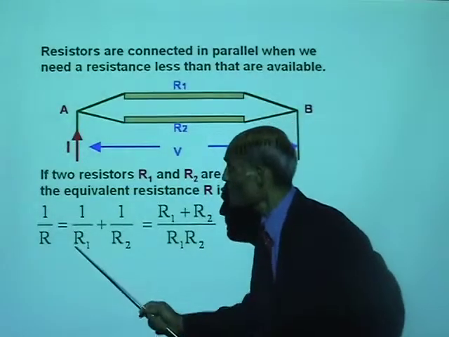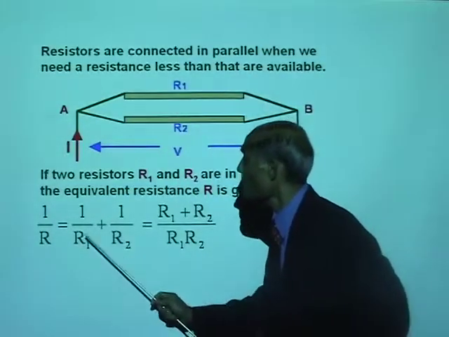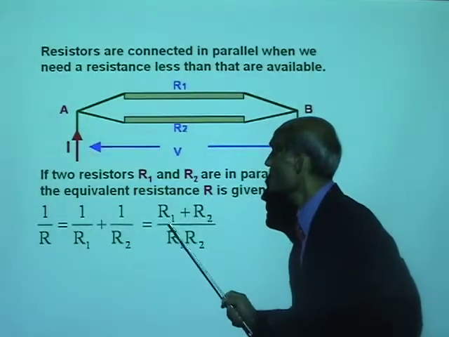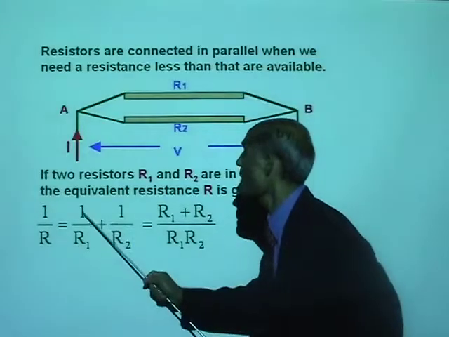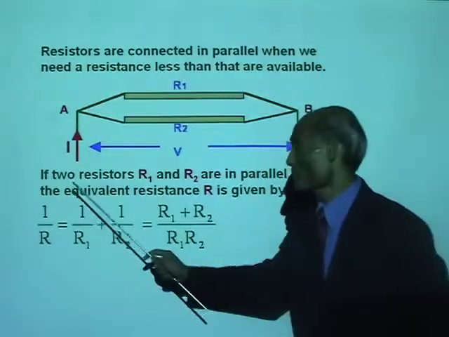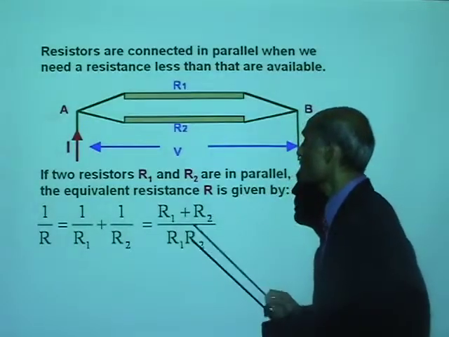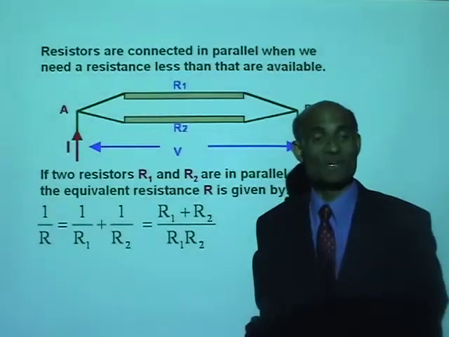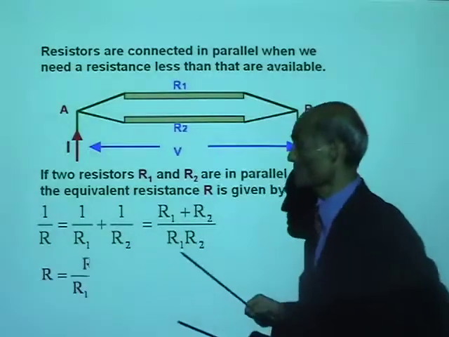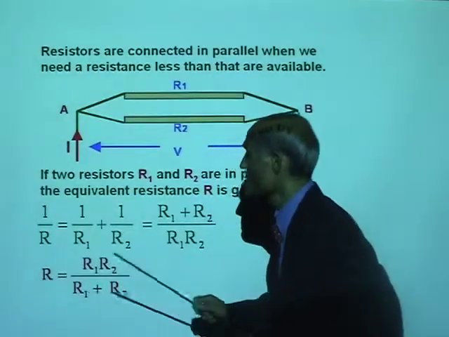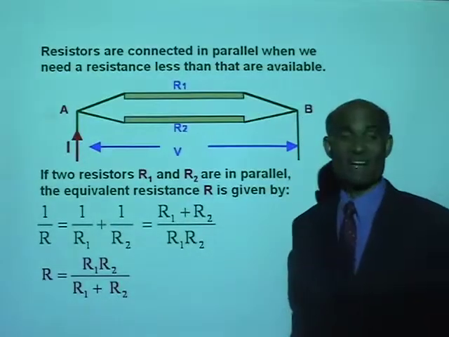Well, the right hand side can be simplified by taking R1 R2 as the common denominator. Then the numerator becomes R1 plus R2. So 1 over R equal to R1 plus R2 over R1 R2. Therefore, what is R equal to? R equal to R1 R2 divided by R1 plus R2.